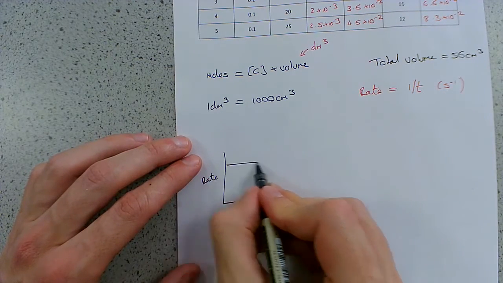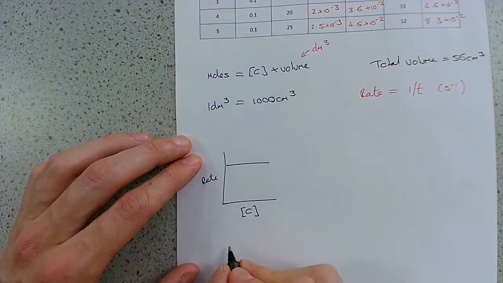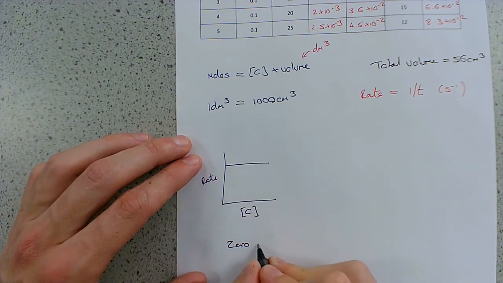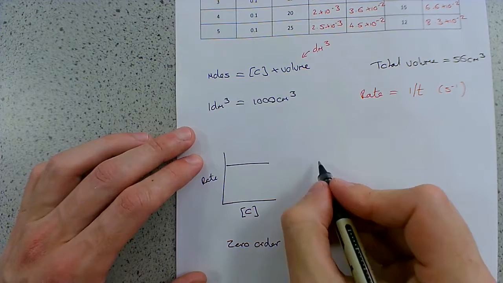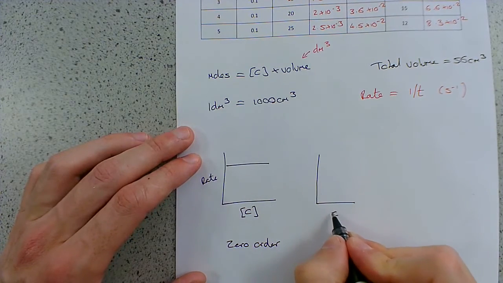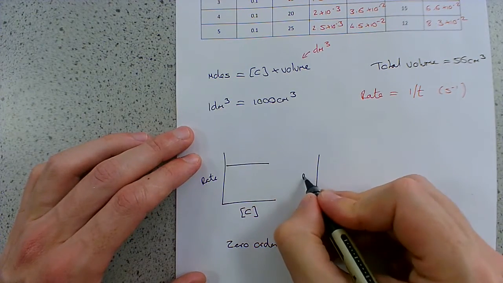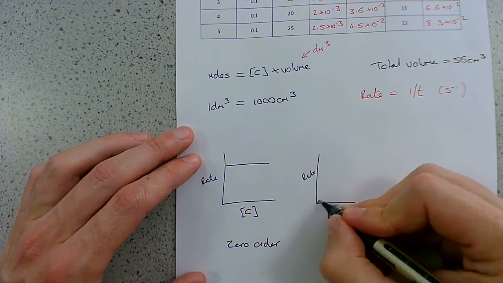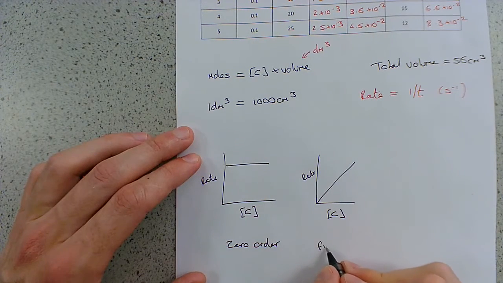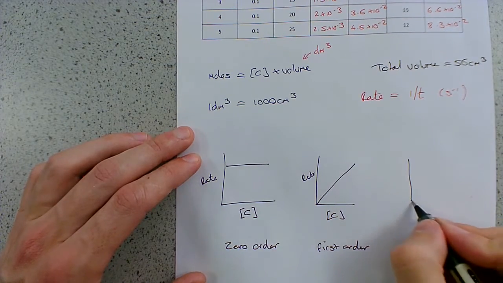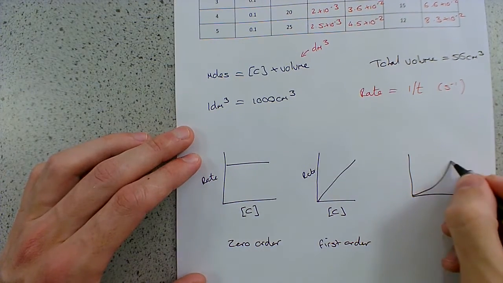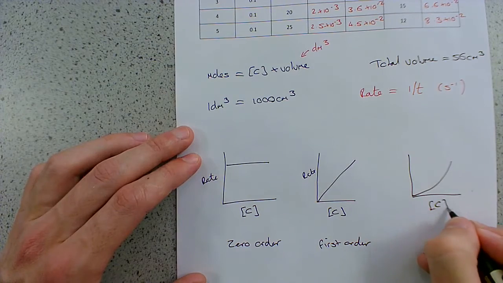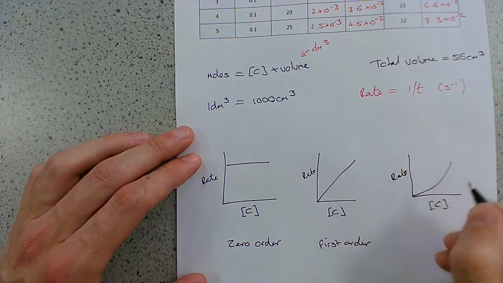If there is no relationship, then it is zero order. If there is a directly proportional relationship, then it is first order. And if there is an exponential relationship, then it is second order.